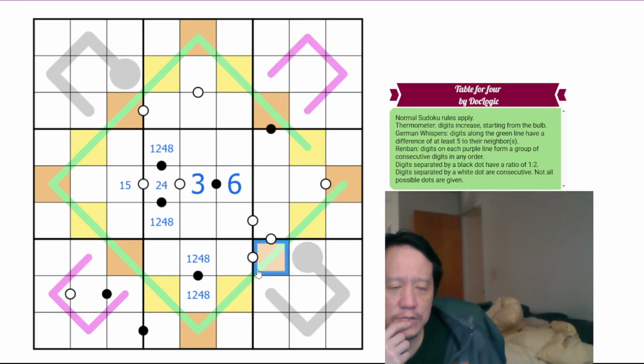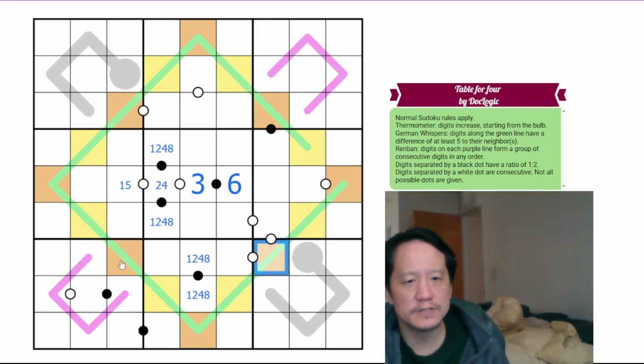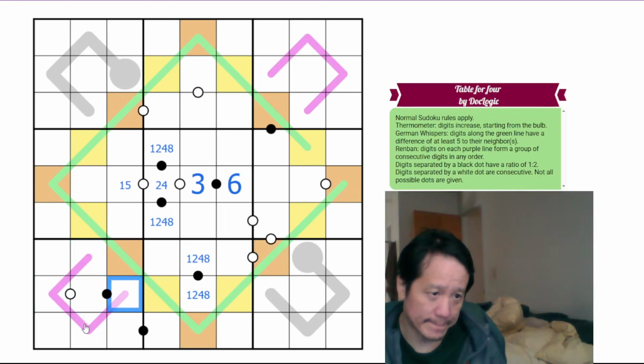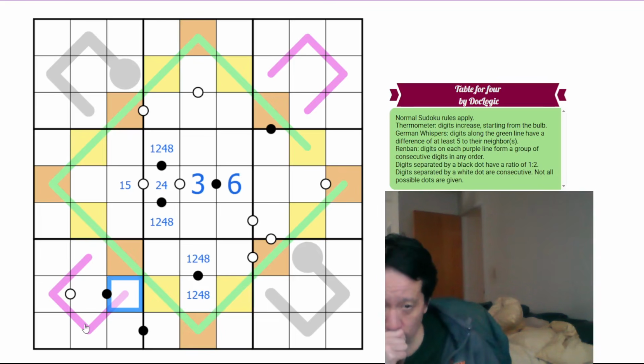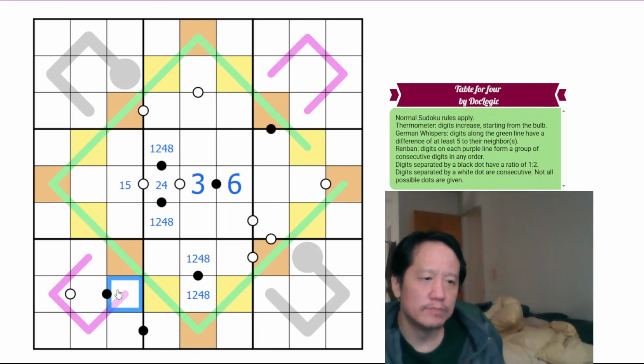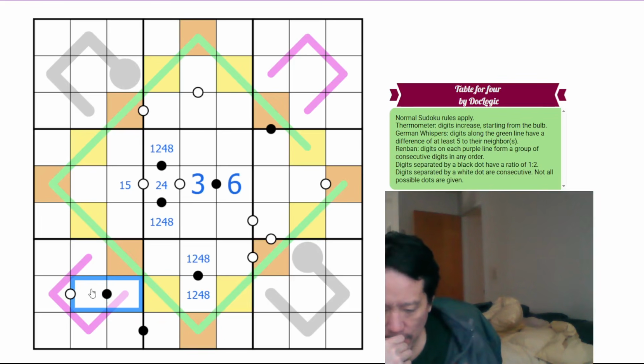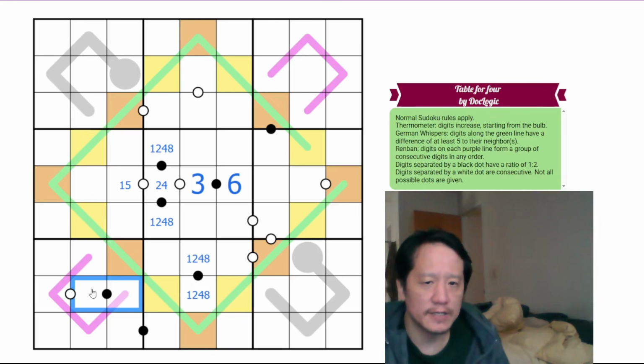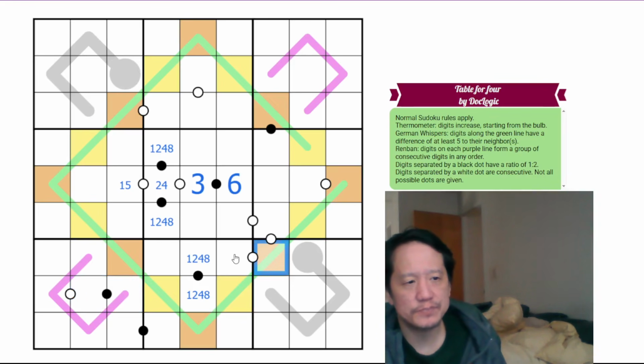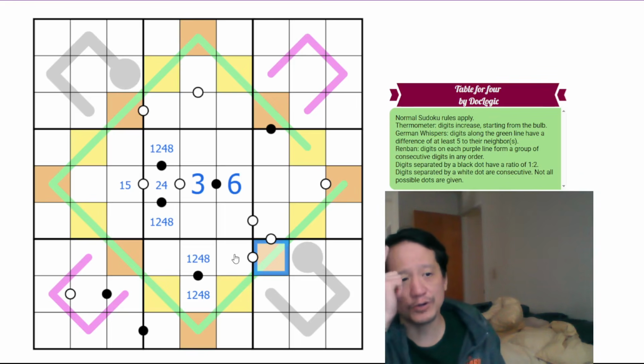What else do we do? Renban. To be consecutive with an orange, it has to either be 5 or another orange, right?